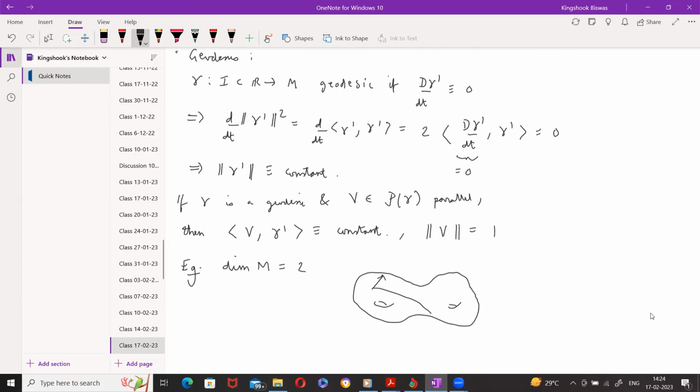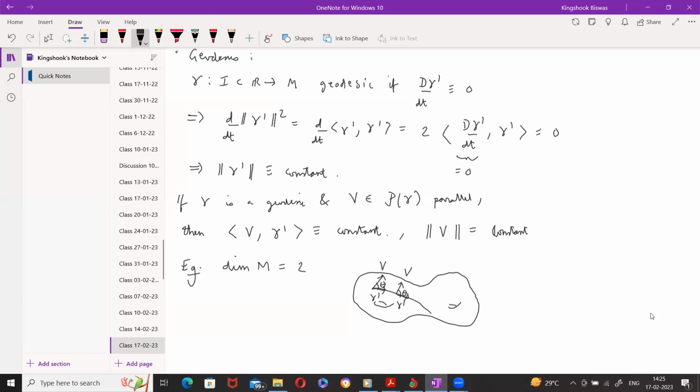The length of the parallel vector field will be constant, right? And this inner product with gamma prime will be constant. Therefore, the angle between my vector field V and the tangent vector to the curve gamma prime will be constant, right?